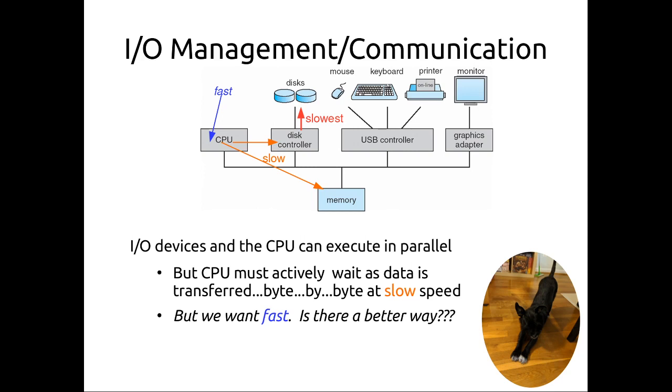So the question is, how can we create a system that has these huge disparities between the CPU being very fast and I/O being exceedingly slow? The core intuition is that if the CPU has to wait for data, and it loads and stores from these device registers on the controllers byte by byte, then this is exceedingly slow.